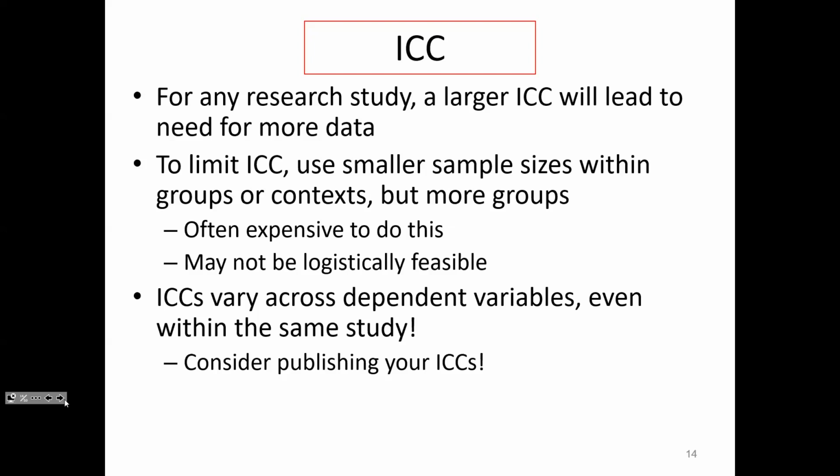Just think about a totally unconditional model again. The ICC is tau naught naught divided by tau naught naught plus sigma squared. The sigma squared is about within cluster variance, and tau naught naught is about between cluster variance. And this gives us the ICC.